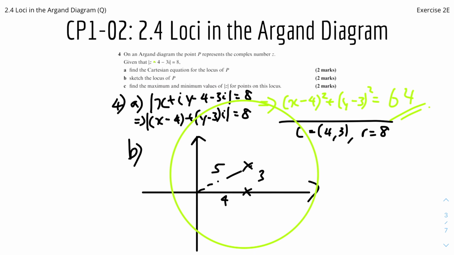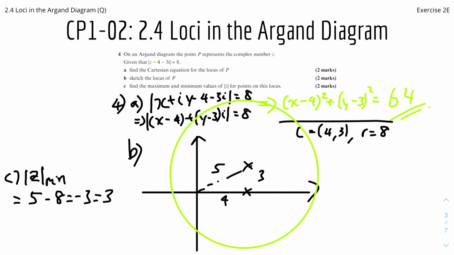That means, let me just write here, the minimum value for the modulus of z will be equal to the distance from the center to the origin, which is 5, minus the radius, which is 8 from here. 8, right? So 5 minus 8 equals minus 3. But we just have to take the modulus of it, which is basically the positive value, which is equal to 3.